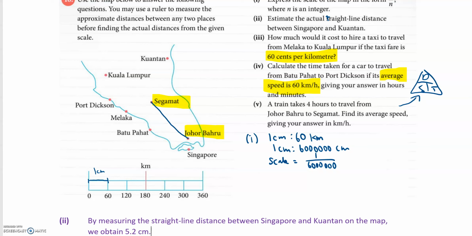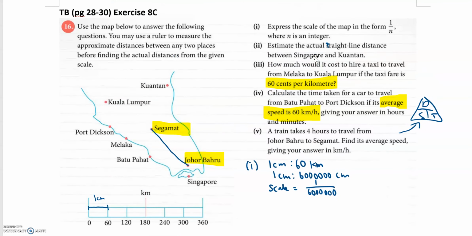As you can see, parts 3, 4, and 5 are variations of what they can ask you, but the main thing is you have to be able to use the map to find the estimated distance between two of the stated places. So this is for question 16.